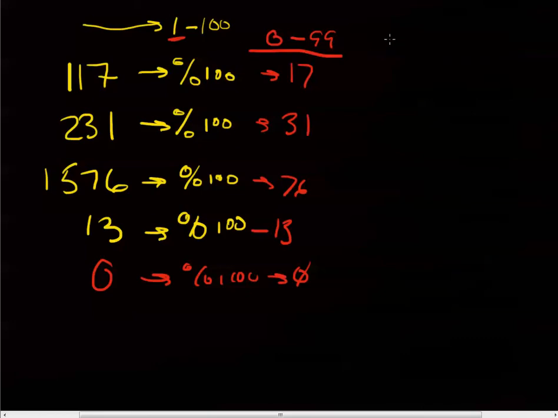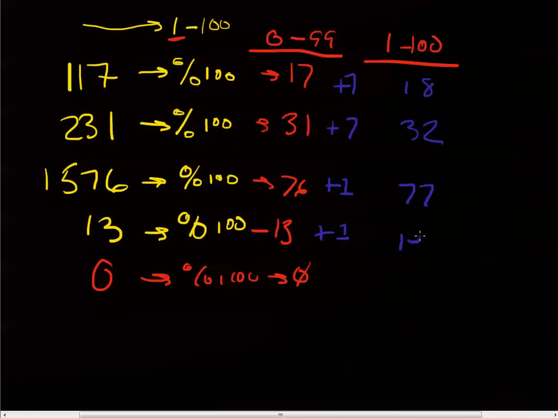If we want to get it to 1 and 100, we do a plus 1 to each one. Now we'll get 18, 32, 77, 14. More importantly, 0 will go to 1, and the 99, if we had that, would have gone to 100. So now we've got 1 to 100.